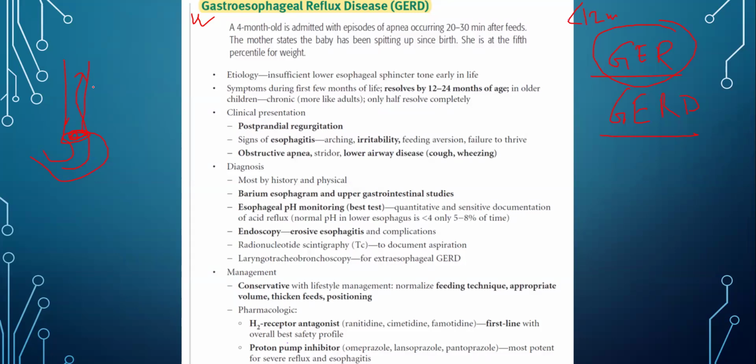So if the parent says that the child vomits or maybe just spits out a bit of the breast milk, but apart from this there is no other abnormality, which means that the child will be gaining weight appropriately and will attain all the developmental milestones. So everything else will be fine, except there will be a bit of vomiting, and the vomiting will be whitish, that means the breast milk. So only the breast milk will come out, usually after having a milk. Okay, so that's the main symptom.